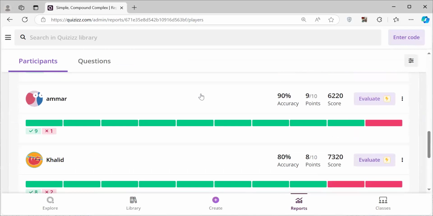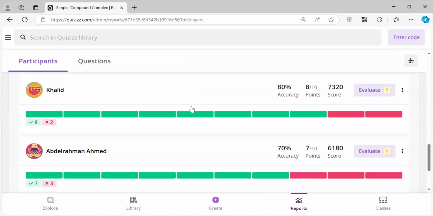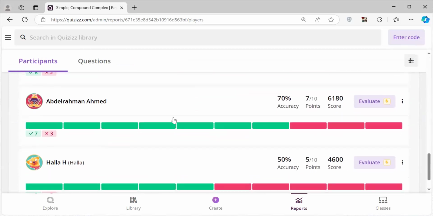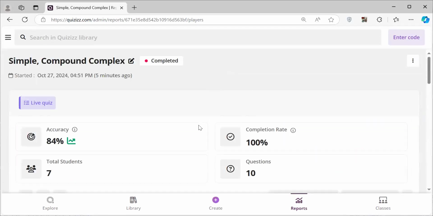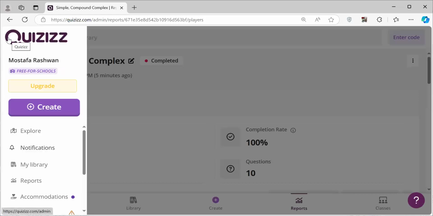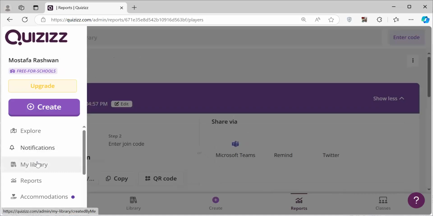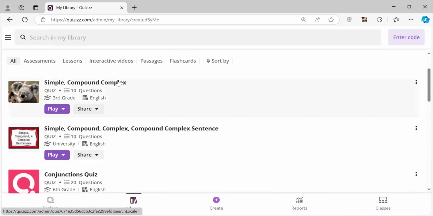Ammar got 1 wrong. Khalid got 2 wrong. Abdurrahman 3 mistakes. Hala 5 incorrect questions. Why, ya Hala? Okay. Anyway, let's go back here to check what are the questions that you do have problems with.